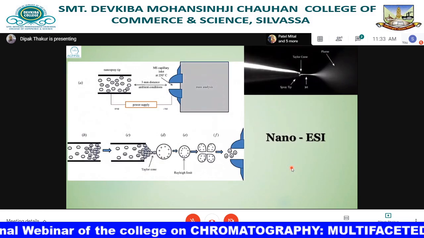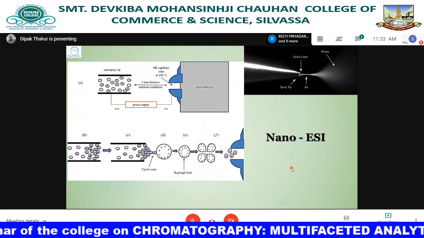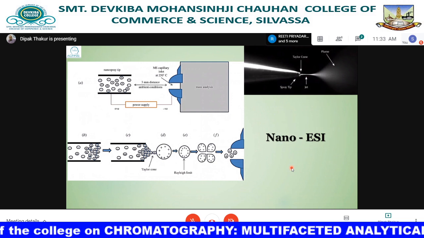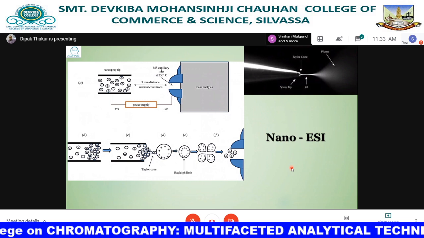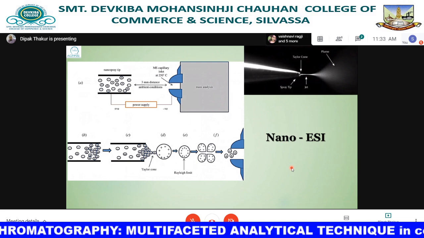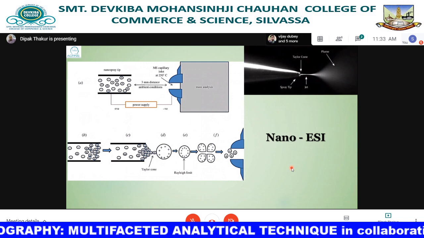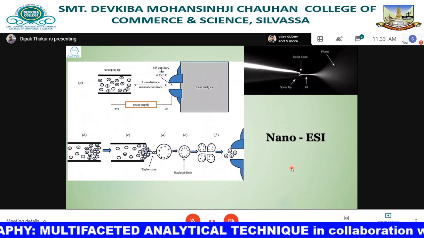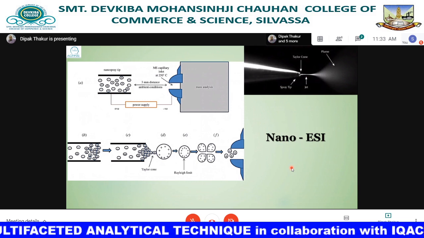So here is the process of ionization. Mass spectrometry needs ions in gas phase. And the metabolites which are getting separated in chromatography are in the liquid state. When we separate them, they may be charged, they may not be charged.